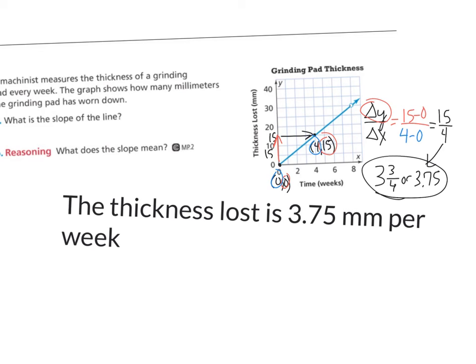Initially, before we looked at the graph, I was kind of expecting to see a negative slope because the thickness of this grinding pad would be going down, but they're talking about what thickness is lost over time. So that's why this is actually being shown as a positive slope. So this gives you an idea of how to work with proportional relationships in slope.